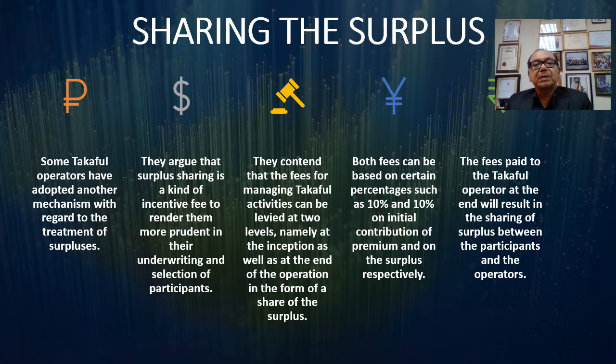So that can be accepted if the policy holder and the takaful operator agree, for example in the mudarabah contract. In this case, say whatever the profit, the takaful operator will take 30%, and the balance 70% will be distributed to the policy holder. This is also accepted as Sharia compliant if both parties agree.